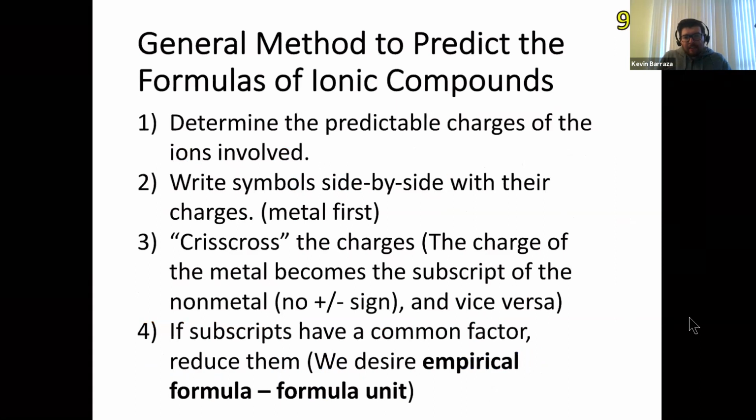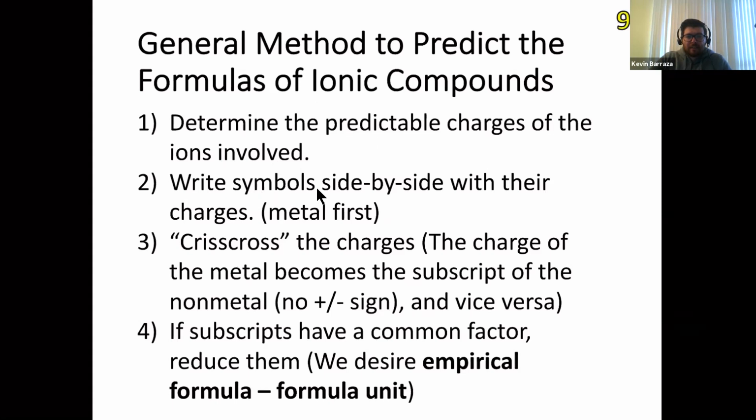The general formula, and this should be familiar if you've watched the pre-lecture videos that I posted. I know there were a lot of them, but this kind of thing is probably the easiest to do on your own, since it really is just reading a bunch of rules. So the general method to figure out what kind of ionic compound we have, to predict the formula, is to determine the predictable charges of the ions involved.